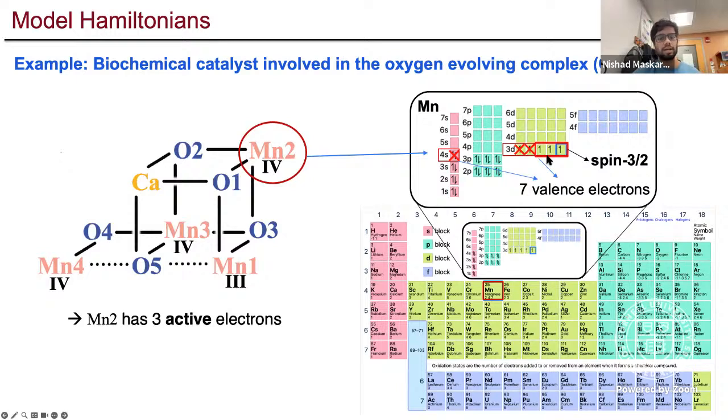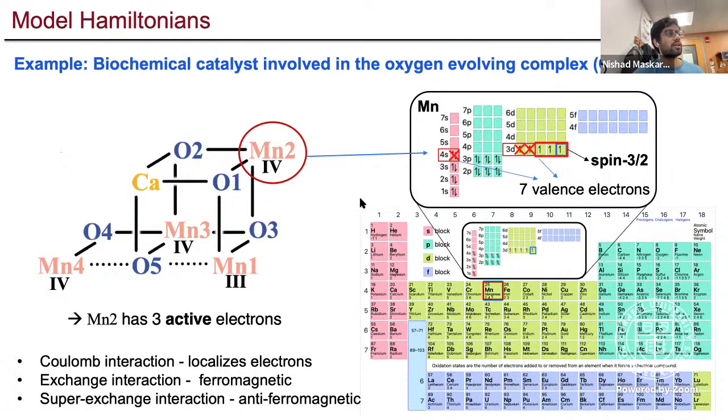Due to exchange interactions, these 3 unpaired spins will essentially act as a collective spin 3/2 degree of freedom at these low energies. Here I'm just showing schematically how you can get an effective spin 3/2 degree of freedom at low energies.